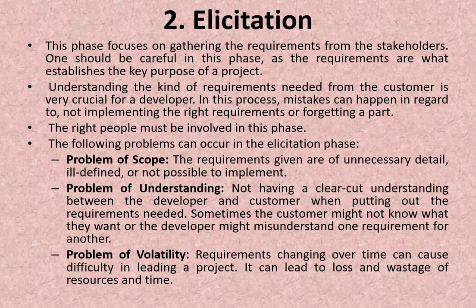The next one is understanding of the problem. What is that actual problem? Who needs a solution for the problem? All these will be understood in depth in this second process called elicitation. And the third one is the problem of volatility. Between the time of discussion of the project and the time of its completion, we may face loss and wastage of resources and time.